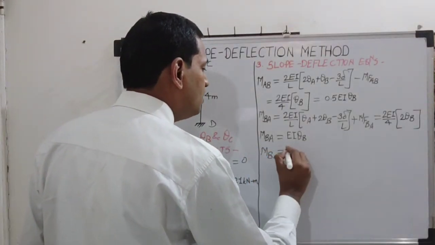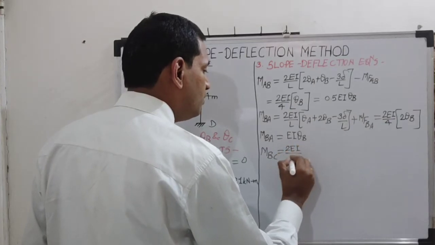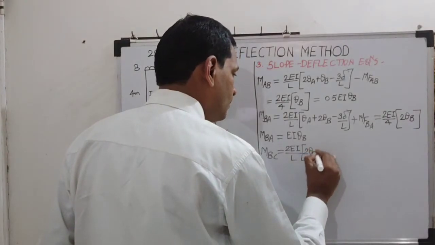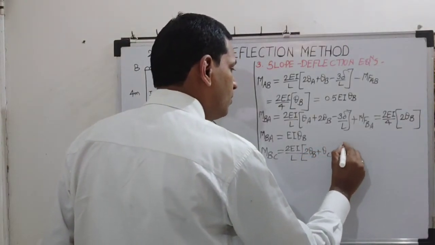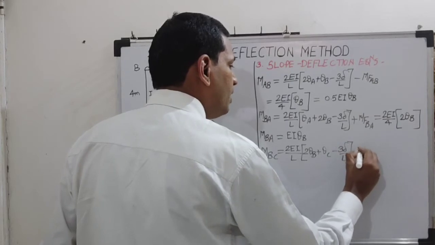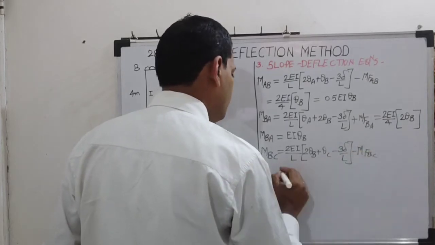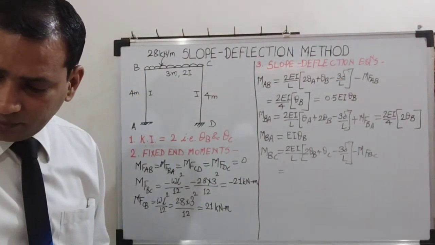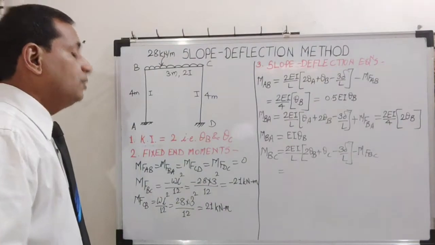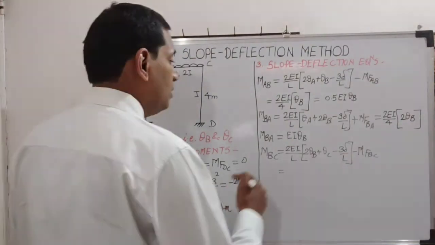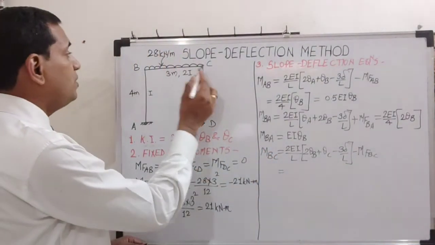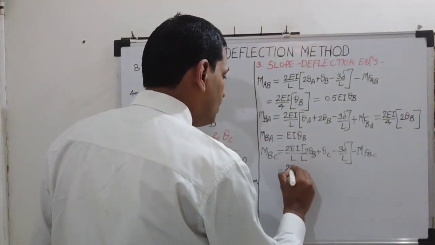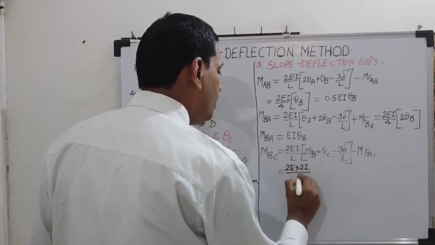Next, the third equation, MBC. What will be MBC? We will write the equation first: 2EI by L into bracket 2 theta B plus theta C minus 3 delta by L minus MFBC. So we will substitute the values one by one. Now we have to see span BC. The I value here is 2I, so 2E into 2I divided by 3.